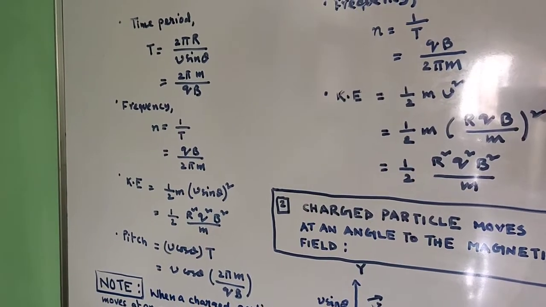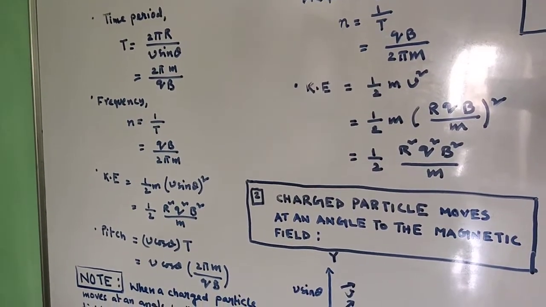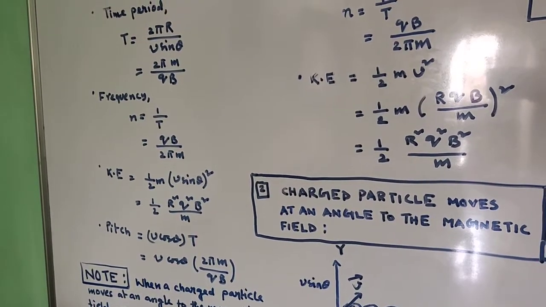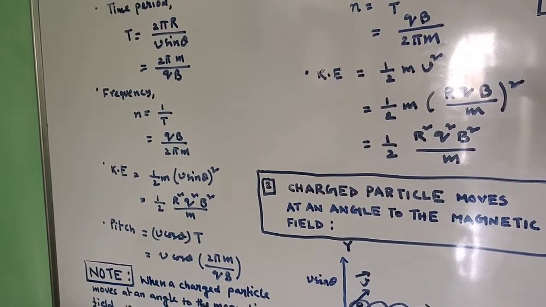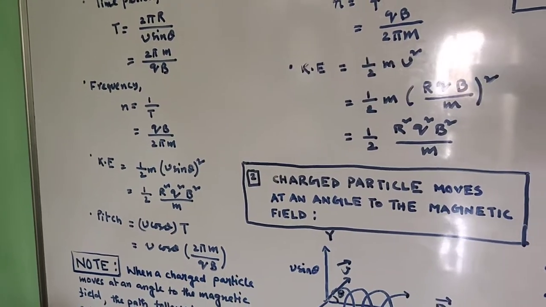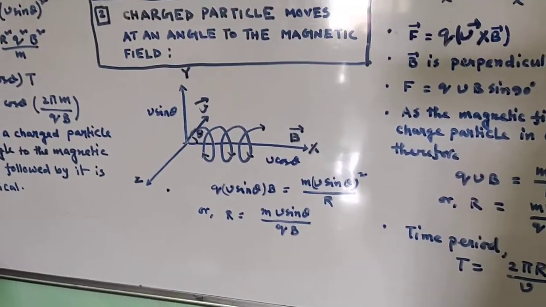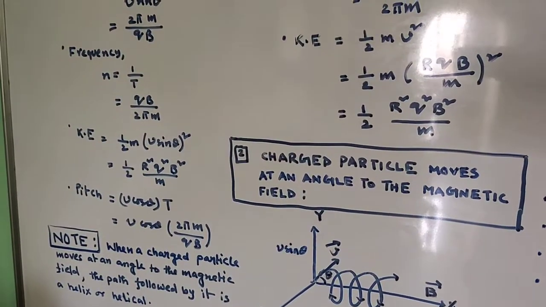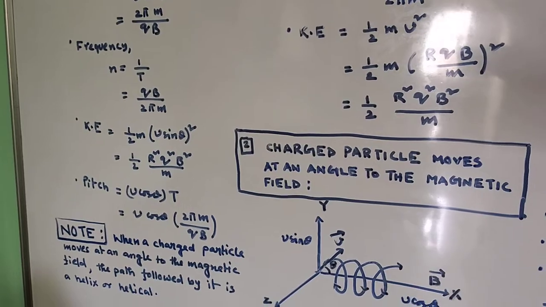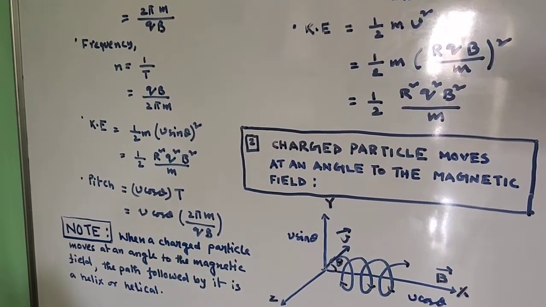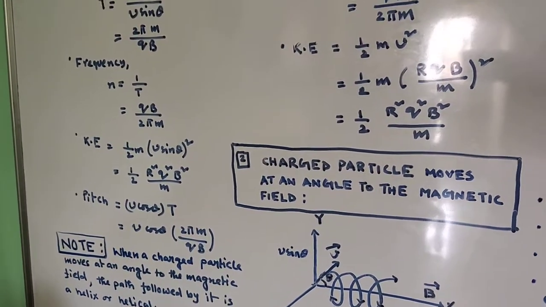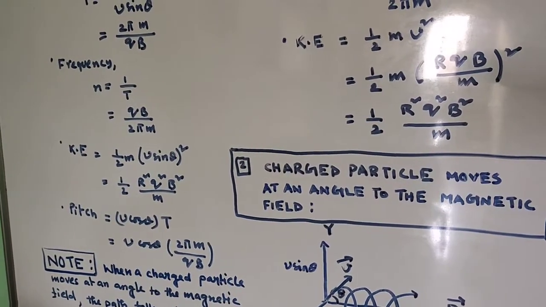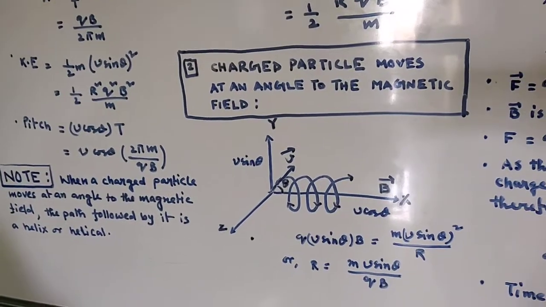For the kinetic energy expression, in place of v we substitute v sin theta. The v sin theta expression we get from here is r qB by m. So it is r square q square B square by m, because m square and m cancel out. This is the kinetic energy, but here one extra term we get, that is the pitch.